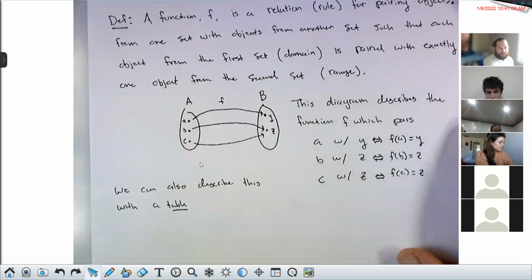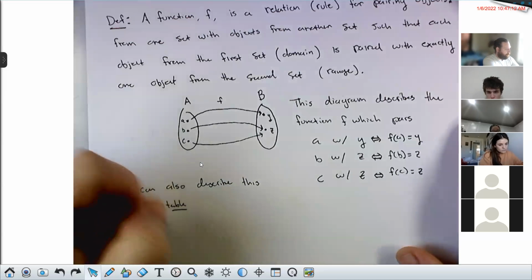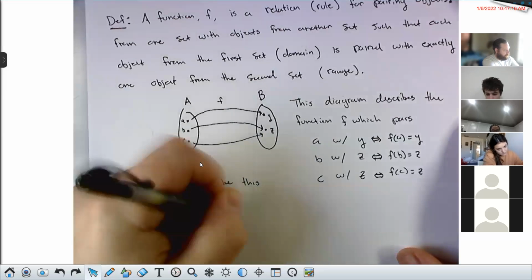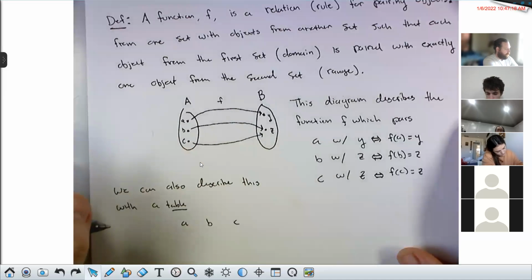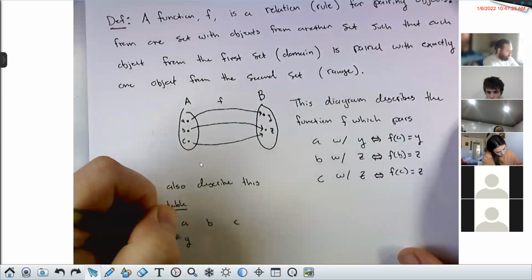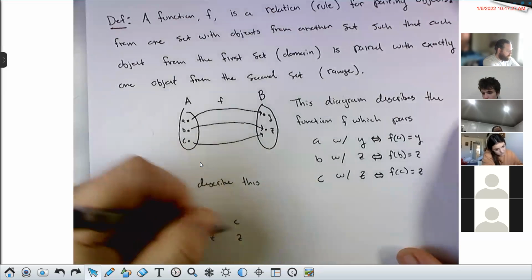And sometimes this is called the tabular description of the function. The inputs up here would be A, B, and C. And the outputs over here, A gets mapped to Y, B gets mapped to Z, and C gets mapped to Z.